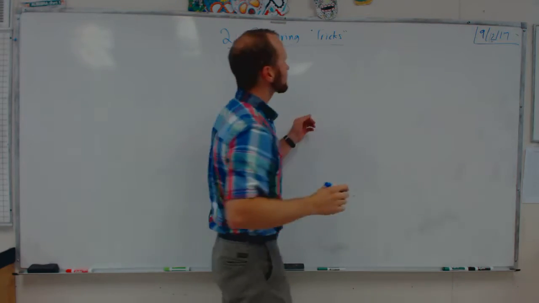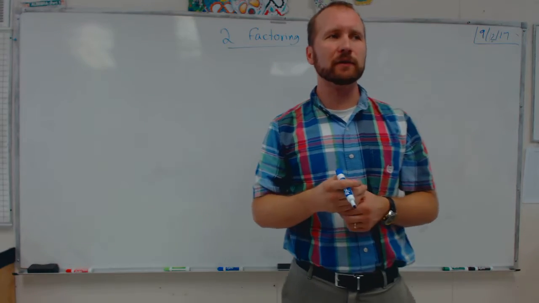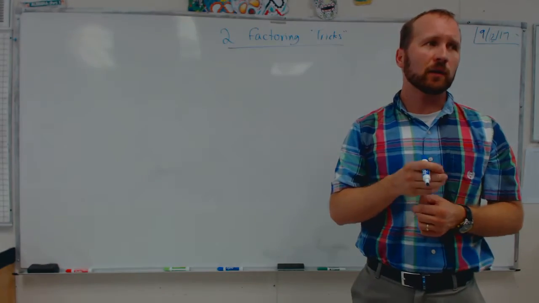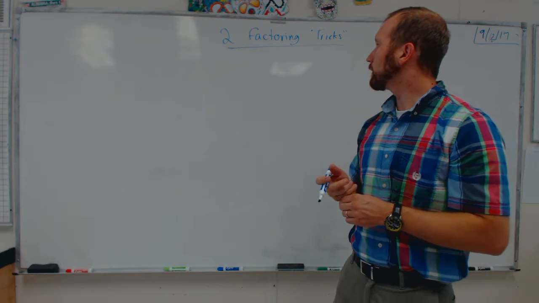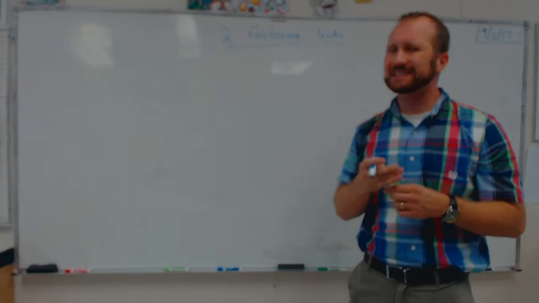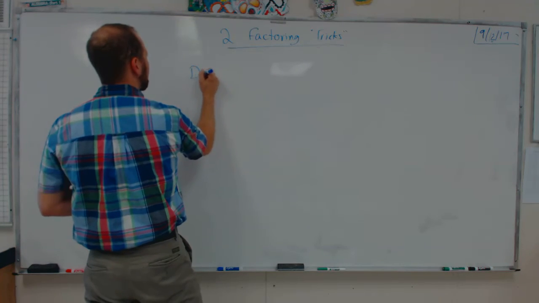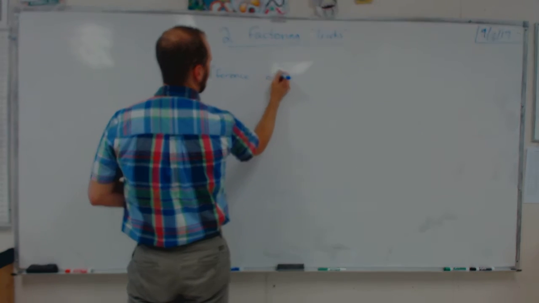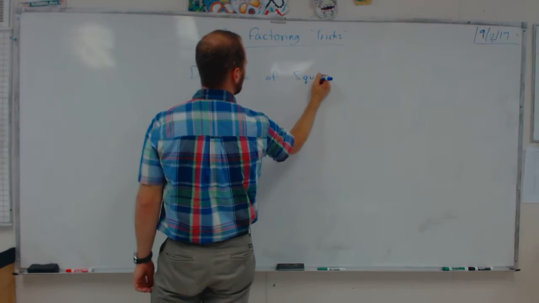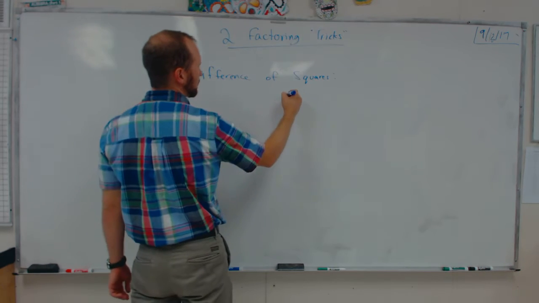Two factoring tricks. So we're going to do the same type of factoring that we've been doing, where A is 1. But as you guys just saw, we're going to do it where there's some slight differences. So the first thing that we just did is called a difference of squares. A difference of squares is something like this.